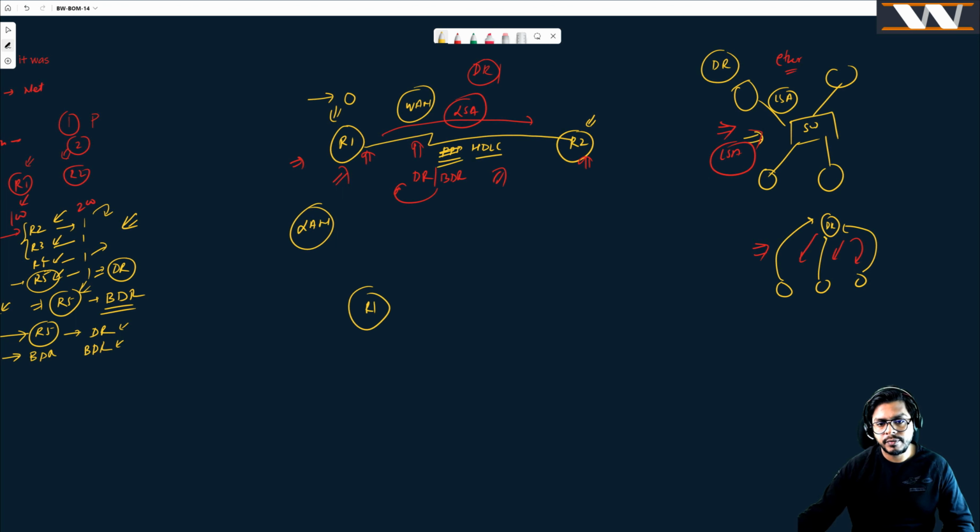We have R1, R2, and R3, connected in this manner. R1 is connected to R2, R2 is connected to R3. It is as simple as that, right? But here on the LAN side, we do not have a point-to-point link.